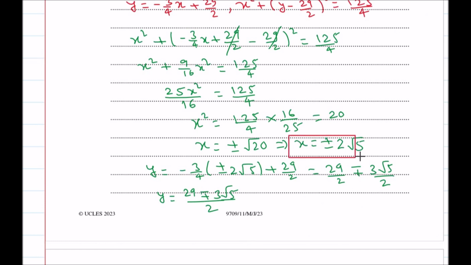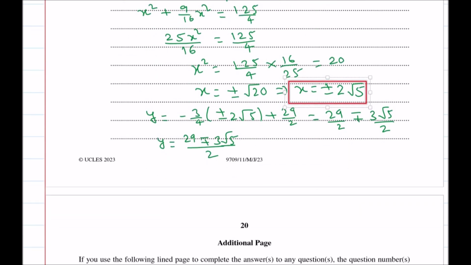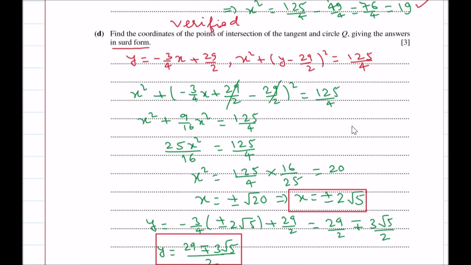The x coordinate is this and the y coordinate here. So we got the x coordinate and y coordinate for the 2 points of intersection.